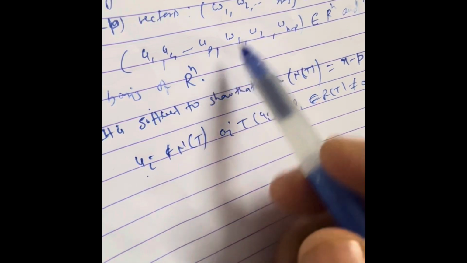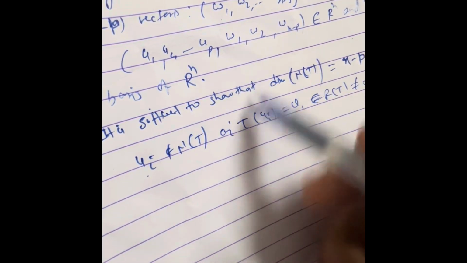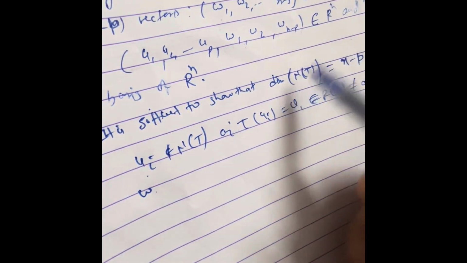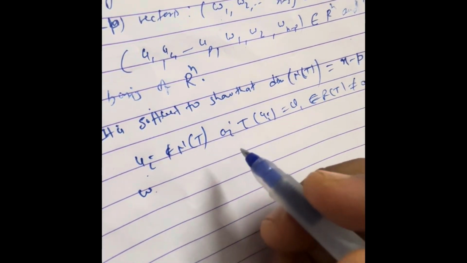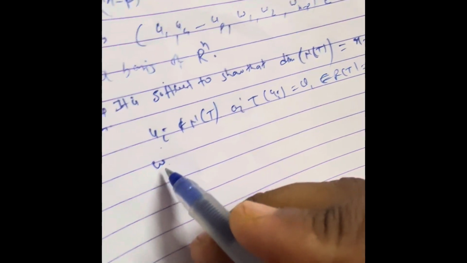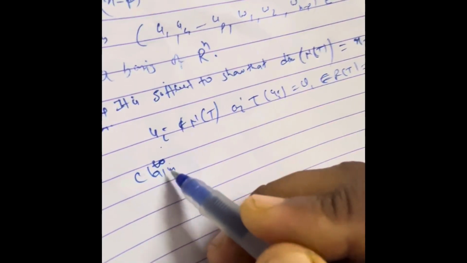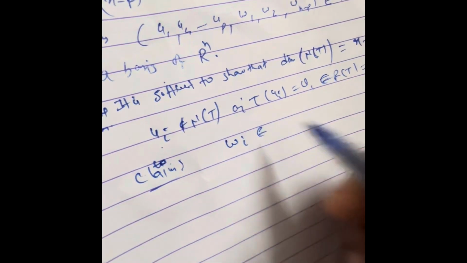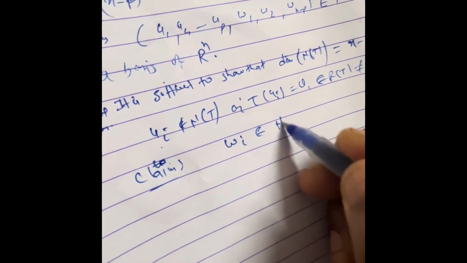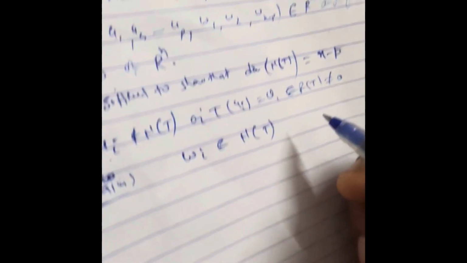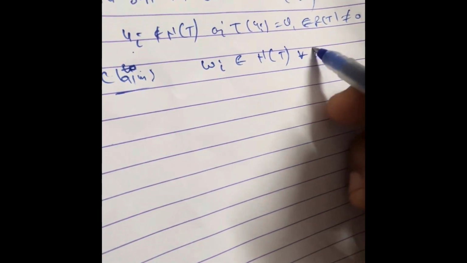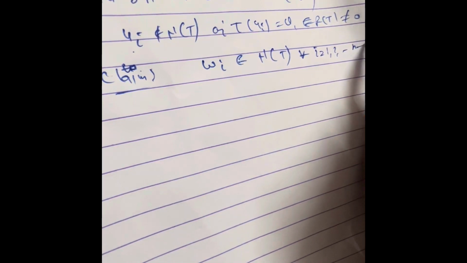So clearly the only possibility is that wi can be in the null space of T. So our claim is that wi belongs to the null space of T for all i equal to 1 up to n minus p.